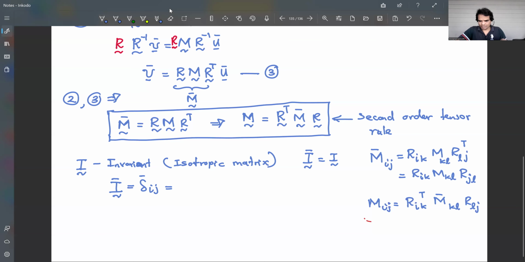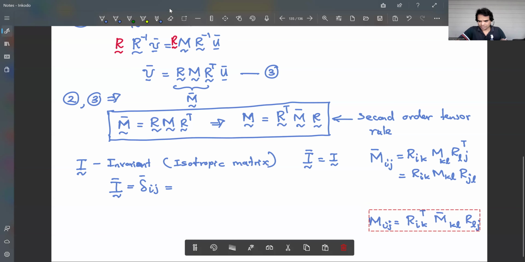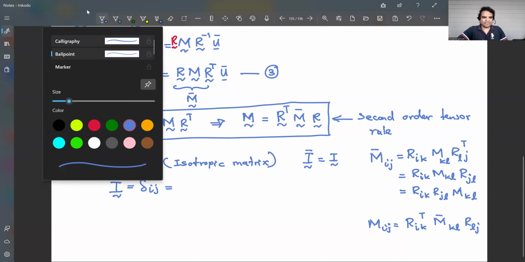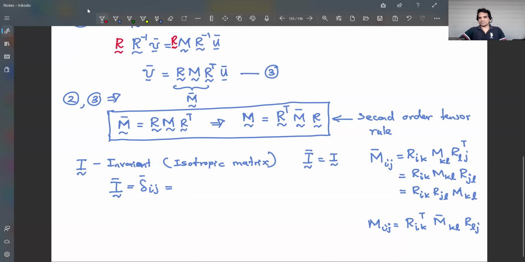Let me bring this one further down. So normally what we are doing, we just write the R first, R I K, then R J L, right? Then M K L. So this is the easiest way to remember how to apply this transformation rule for the matrix.